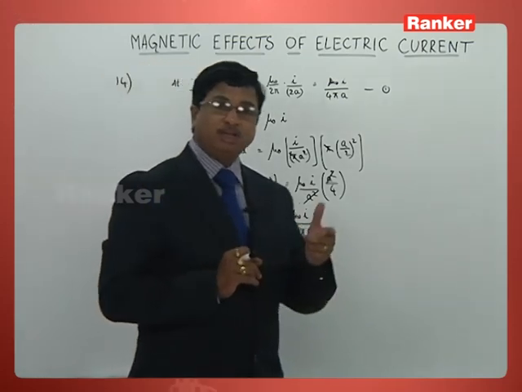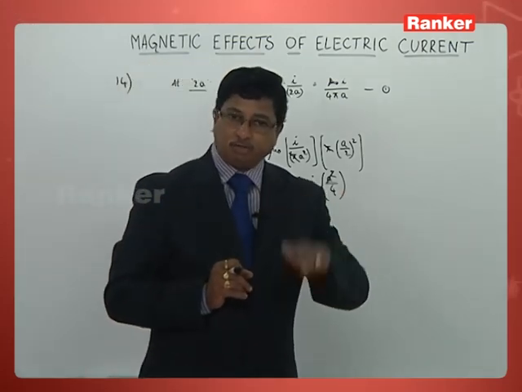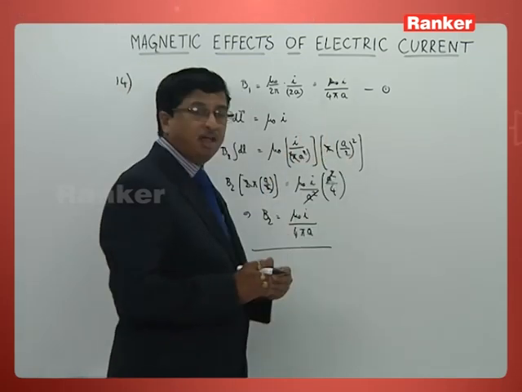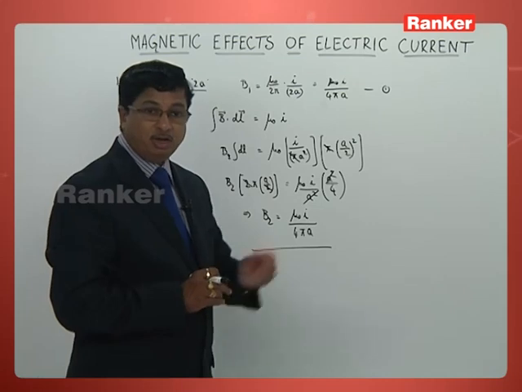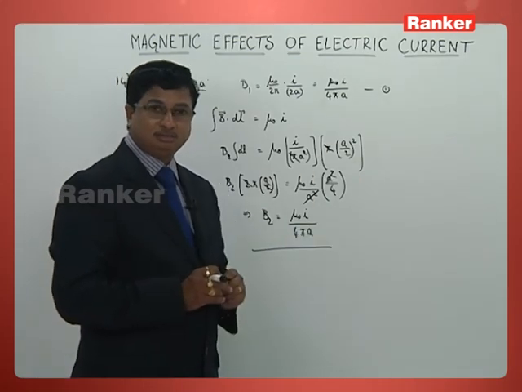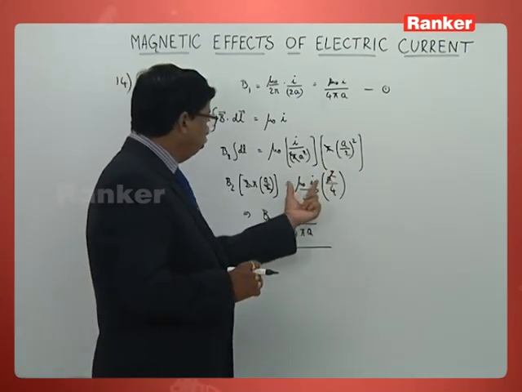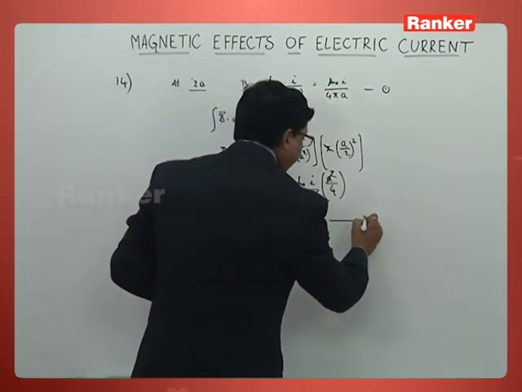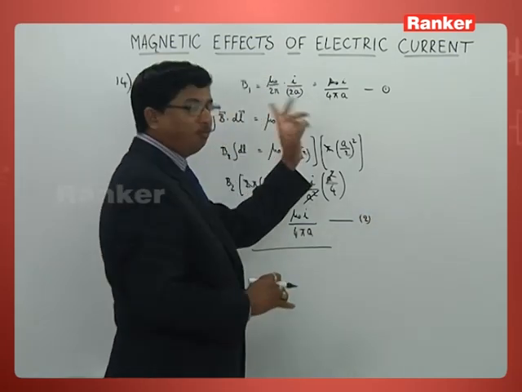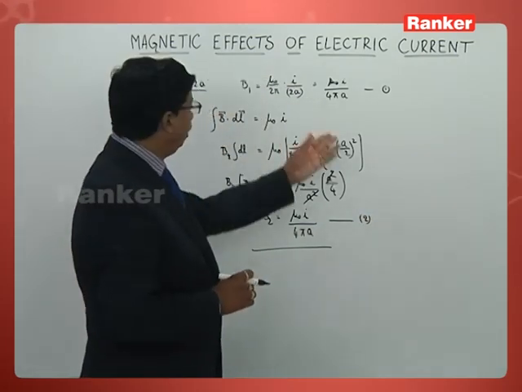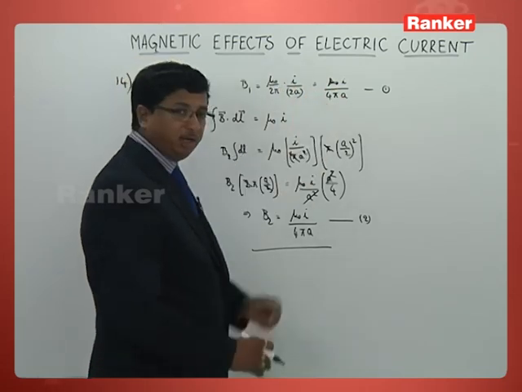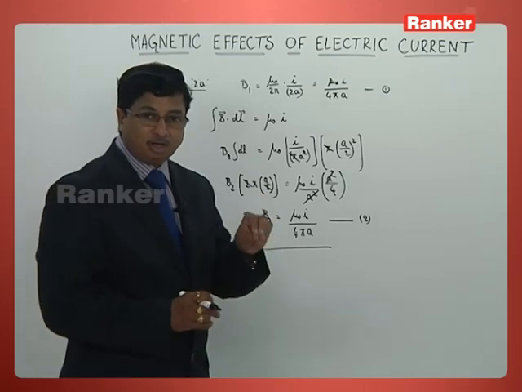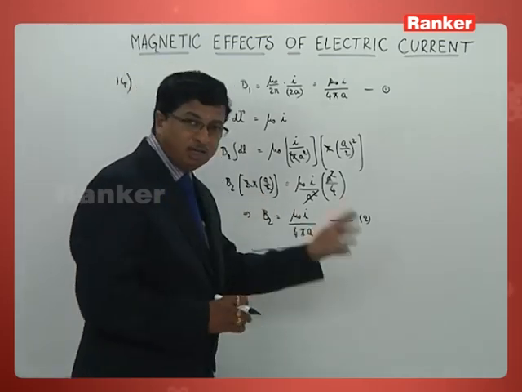If the current per unit area of cross section is I by pi a square, for the present area of pi into a by 2 whole square, what is the corresponding current? Just multiplying these two, you get this value, and B2 has the same value as B1. B1 is already mu naught I by 4 pi a, and even B2 is the same, mu naught I by 4 pi a.